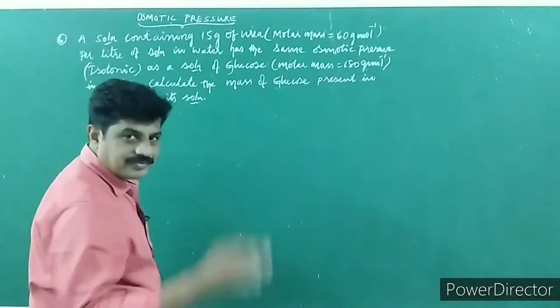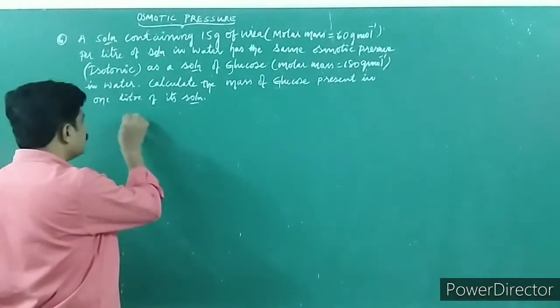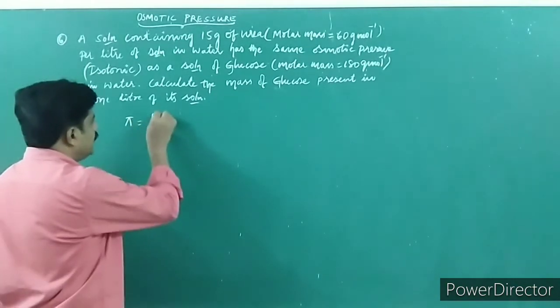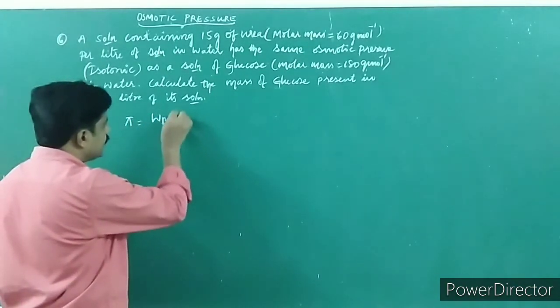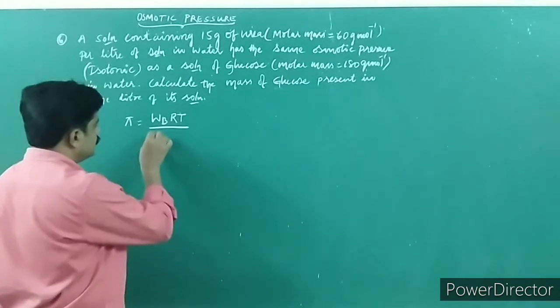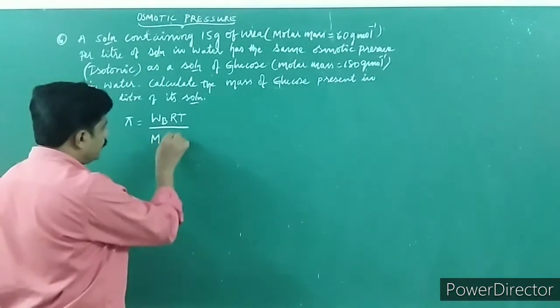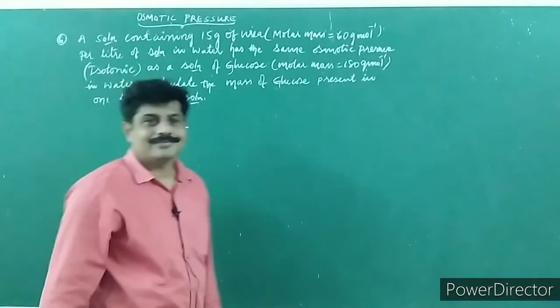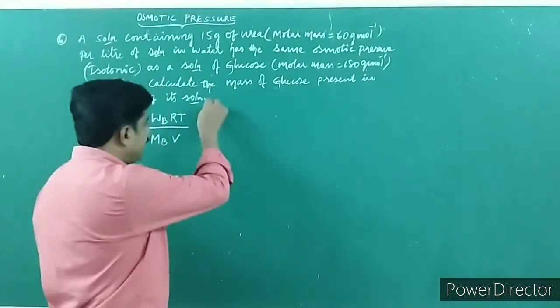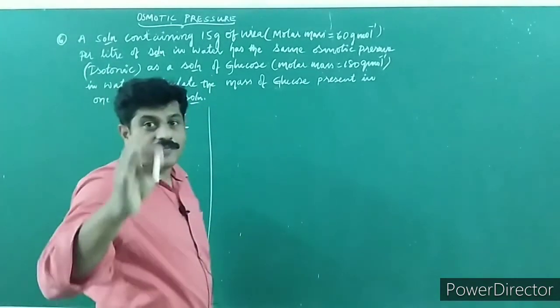Children, we know that pi is equal to WB into RT upon MB into V. Is it not? Let me take up the first one. I'll go for the urea solution.